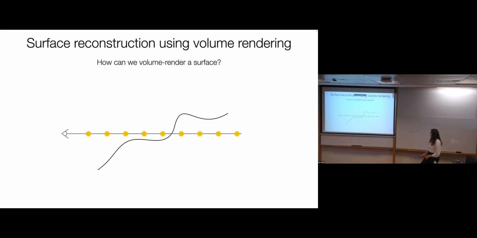All right, so let's look at this 2D example here. This is our surface. Let's say we have some surface representation and we want to do volume rendering. How can we do volume rendering to the surface? Maybe this is related to what you said, we want to find the intersection. But in volume rendering, we simply query some points of the function along the ray.